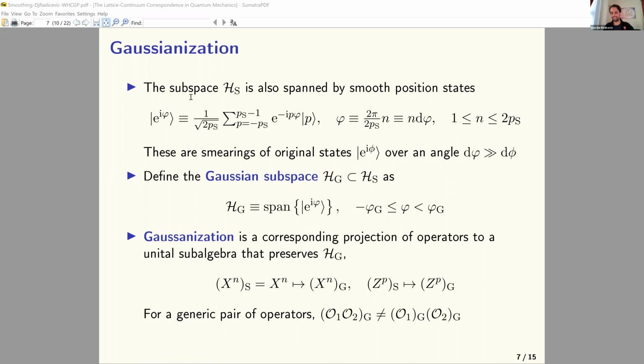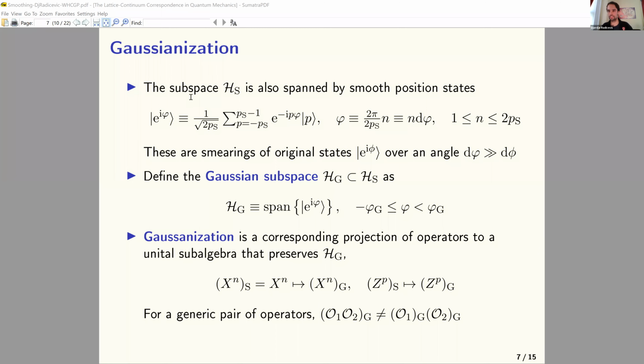So it would act as a discrete operator except at the edges of validity of this Gaussian space. So there are some caveats. It acts as a discrete derivative only at really small values of phi, but it acts as a multiplication by P in momentum space at all P.